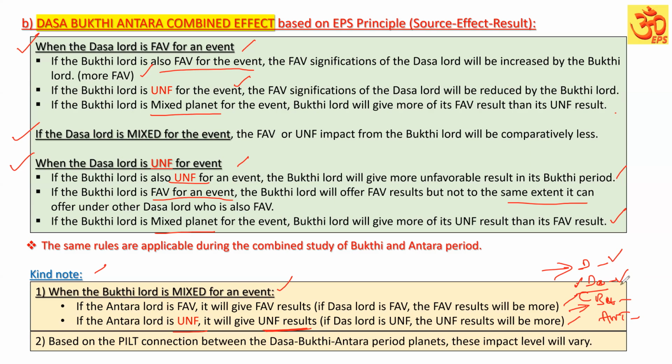So based on the combined effect, a planet as the Bugdi Lord, Antra Lord, or Dasa Lord can give the output. We cannot take one planet's significations as giving the same results whether it is acting as the Dasa Lord, Bugdi Lord, or Antra Lord.